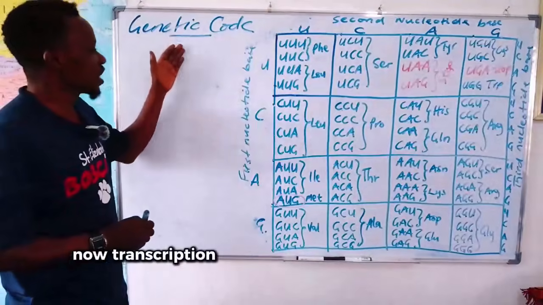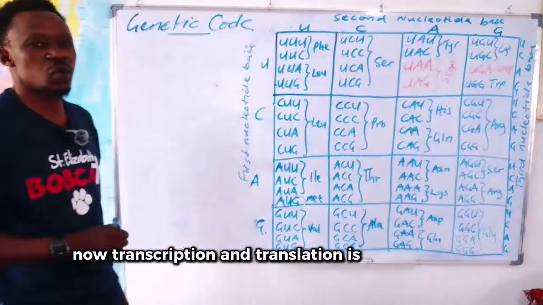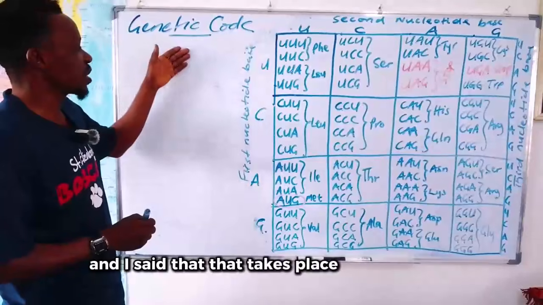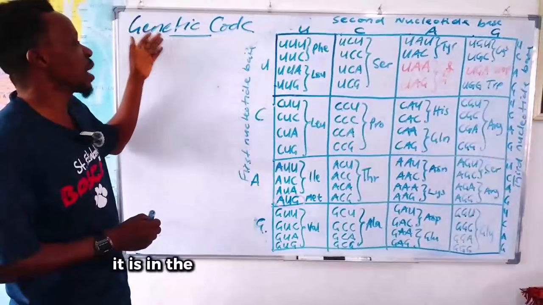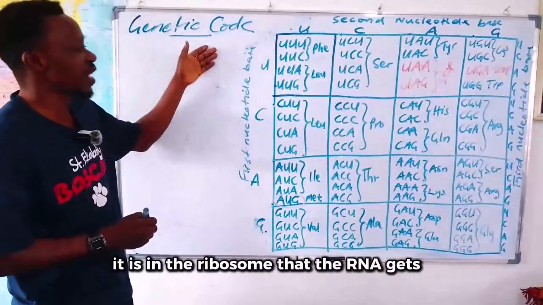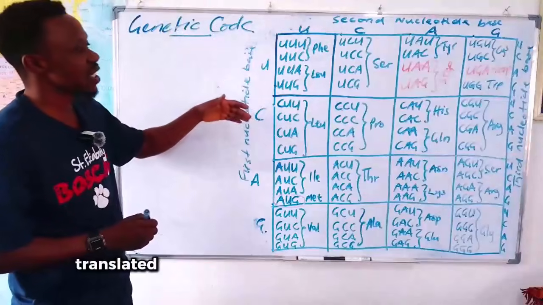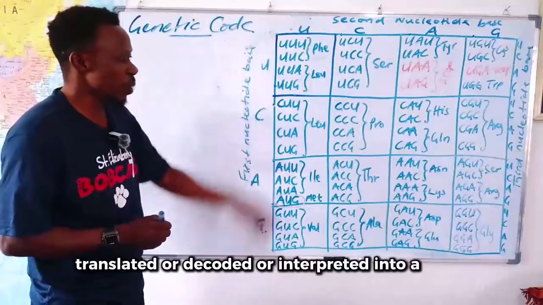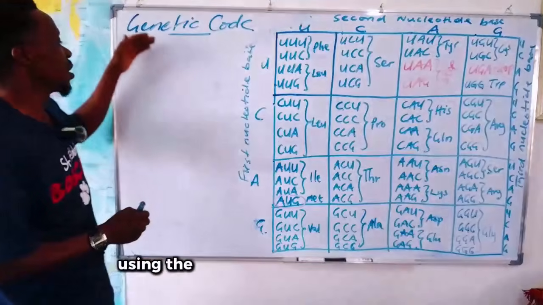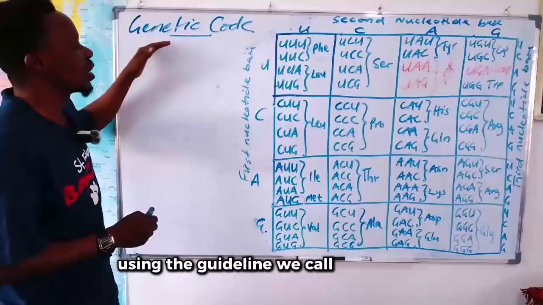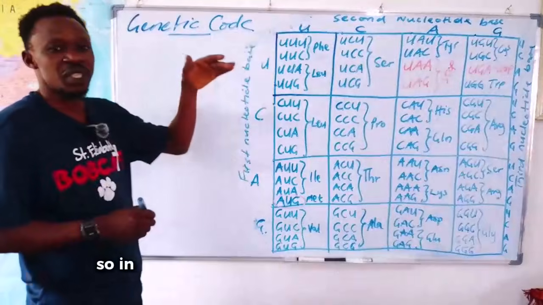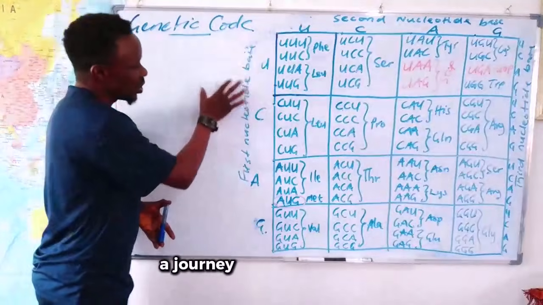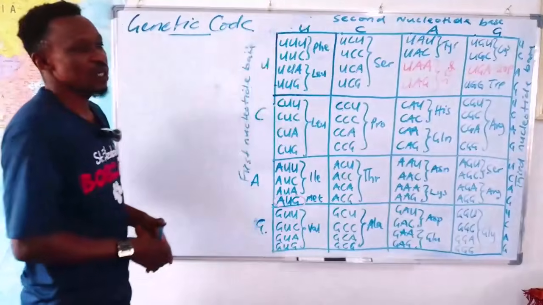Transcription and translation is what we call gene expression, and I said that translation takes place in the ribosome. It is in the ribosome that the RNA gets translated or interpreted into a protein using the guideline we call the genetic code. So in this video, I want to take you through a journey on this guideline.